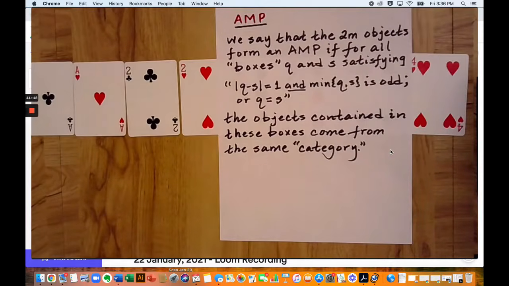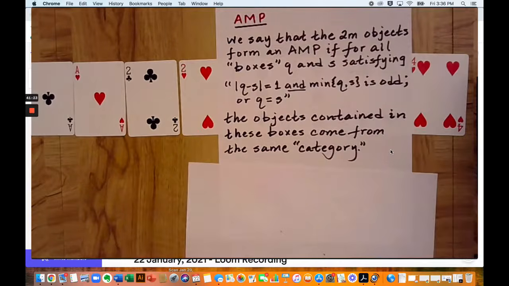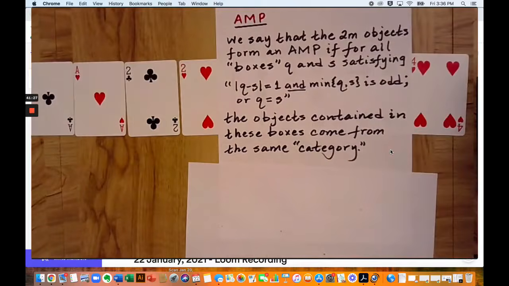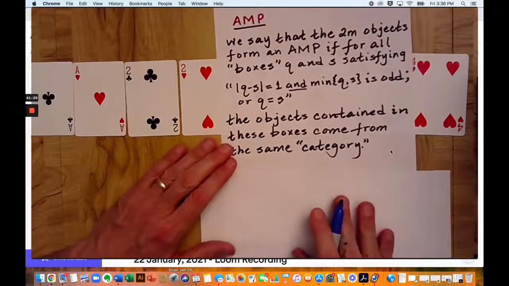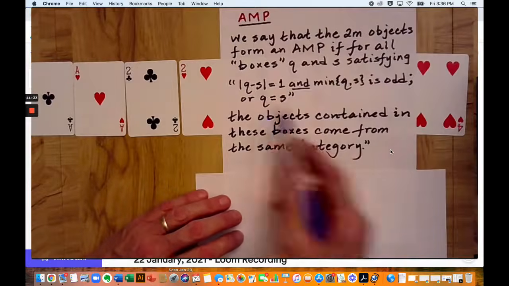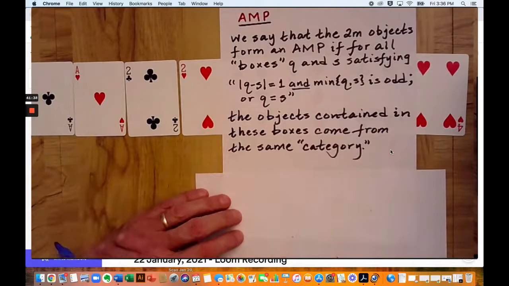Let me grab a piece of paper. Q minus S is equal to 1. And try not to reach over the camera. Okay. Well, the definition, the description came after the intuition and the exploration.